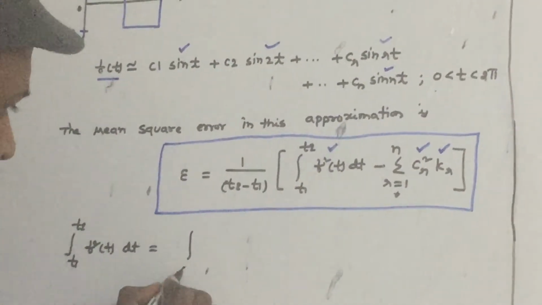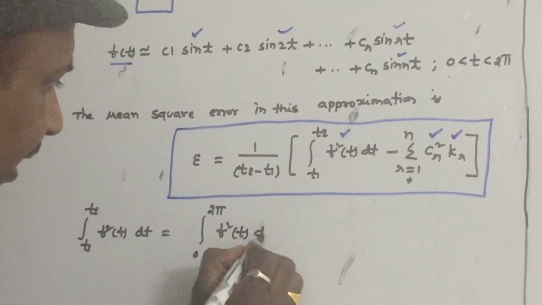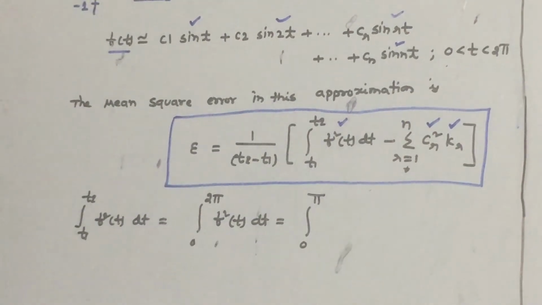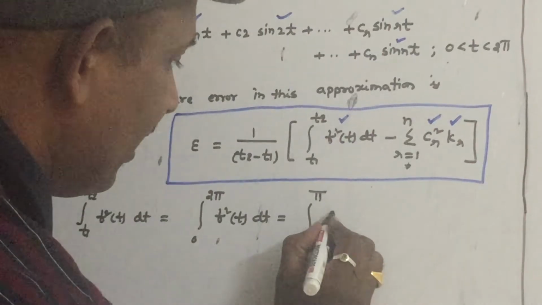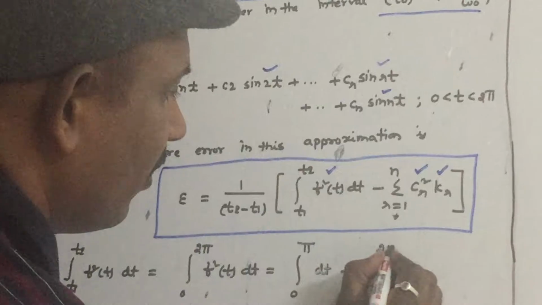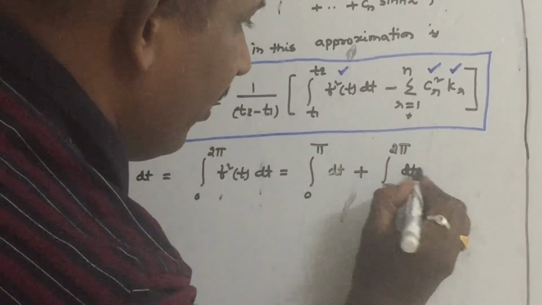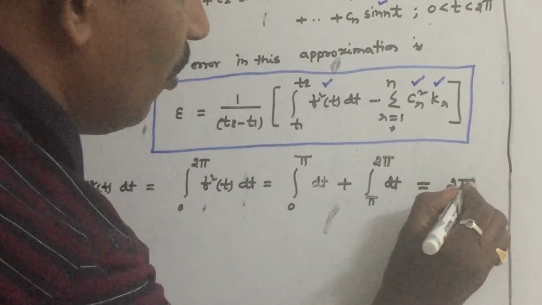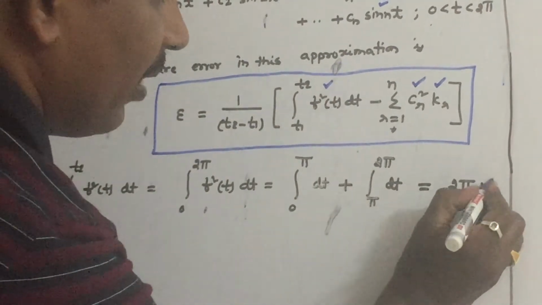F of t is given in the interval 0 to 2 pi, and it is split because f of t is defined in two intervals: integral 0 to pi, amplitude 1 square, 1 dt, plus integral pi to 2 pi, amplitude minus 1 whole square, 1 dt. Pi plus pi gives 2 pi. So the answer for this integral is 2 pi, remember that.